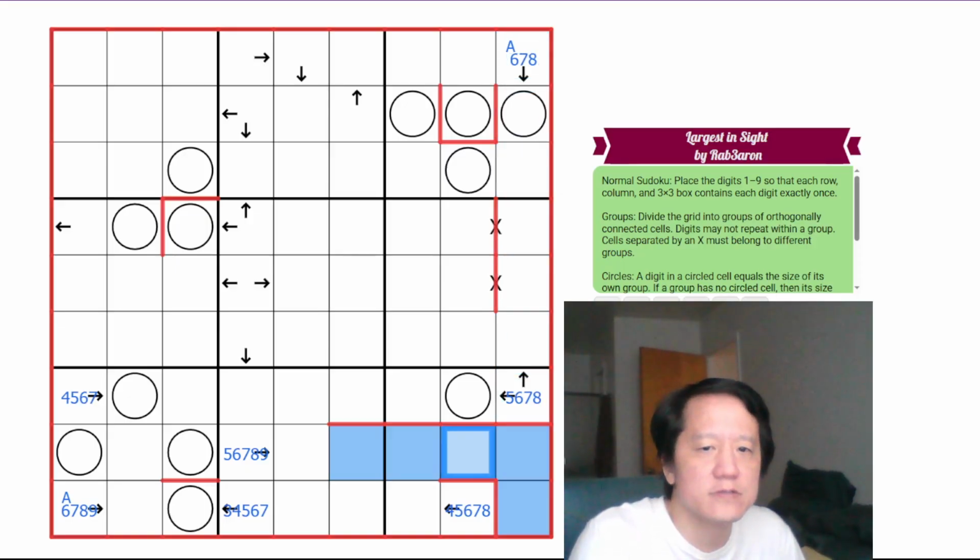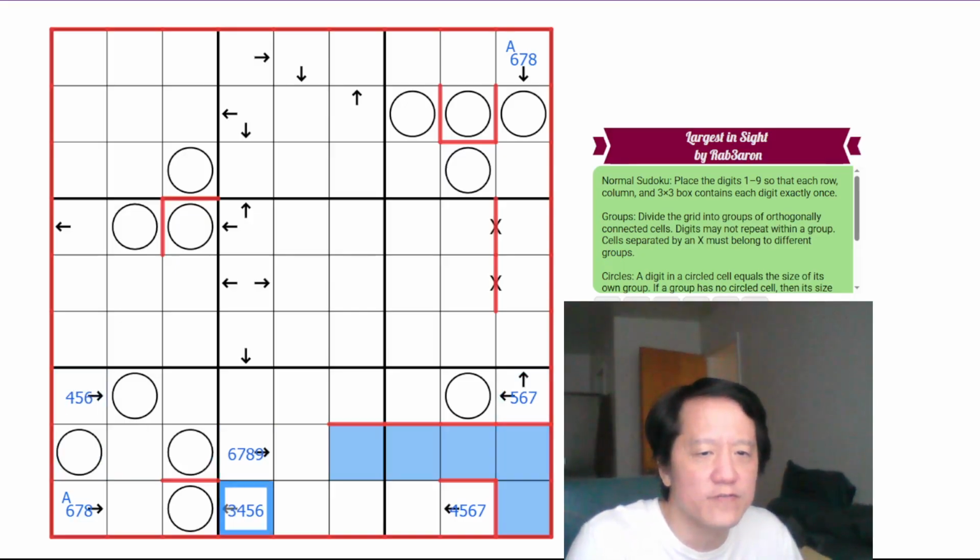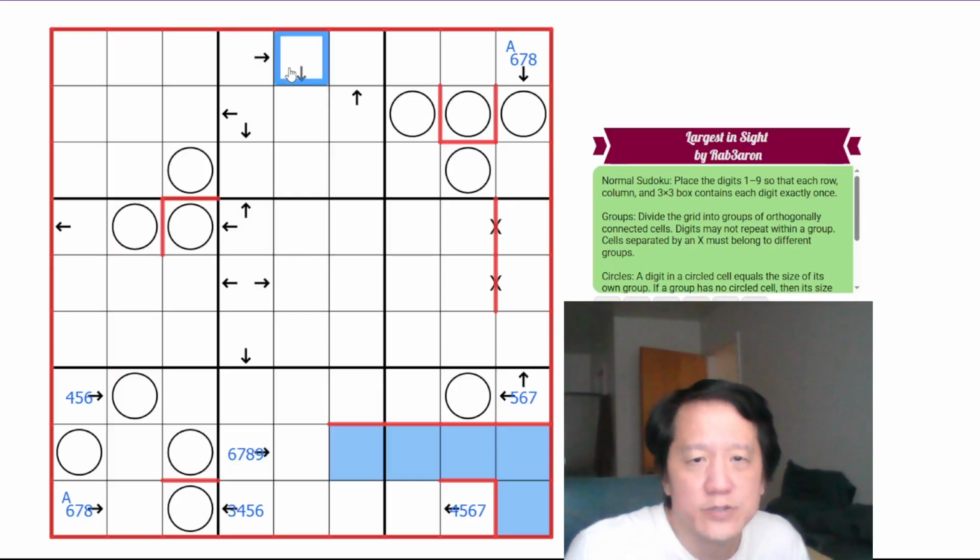That means these are the same. This has to be less than that, so it's not 8, not 7. This could still be, it still sees this, so it's a minimum of A, which is at least 6. This is less than that, can't be 8, can't be 7 for the same reasoning. So this has to either, we don't know.